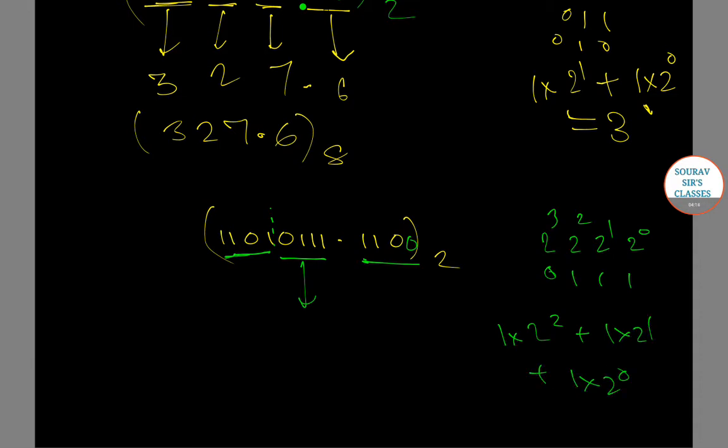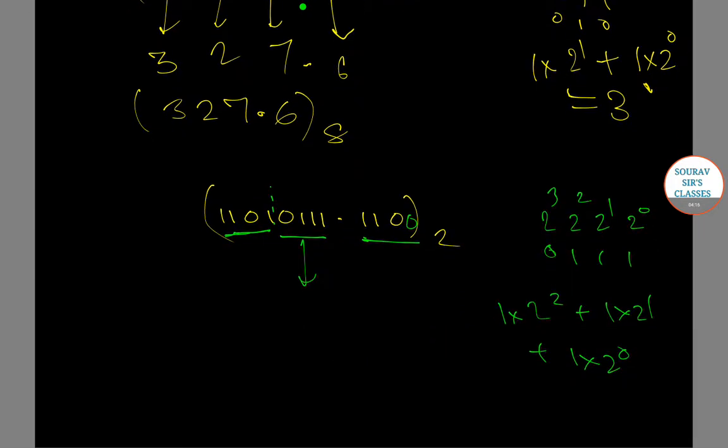So this is 7. The next block is 1101. So this is 8 plus 4, that is 12, plus 1, that is 13.